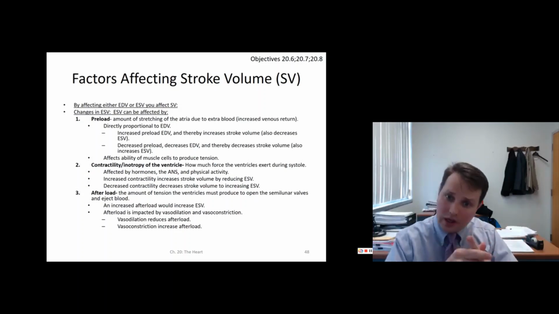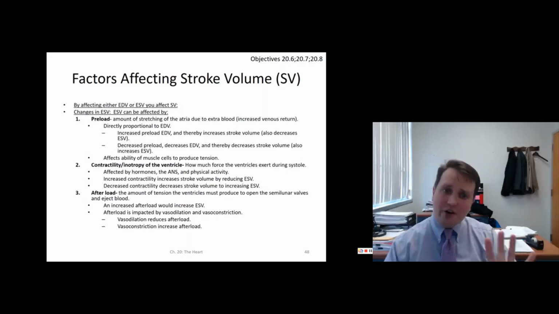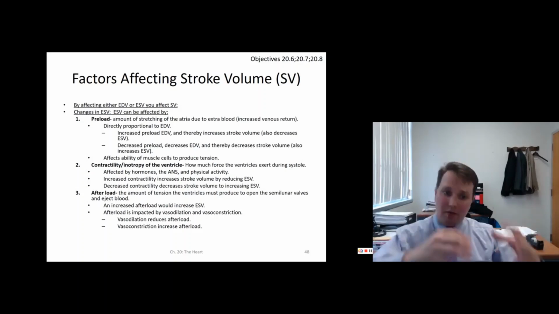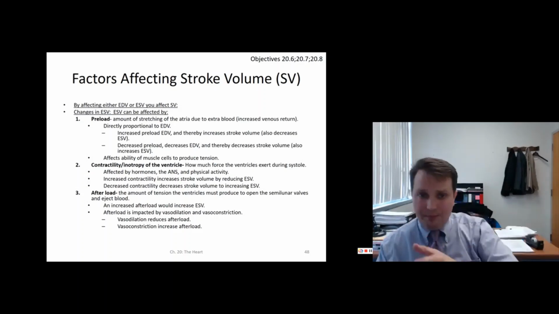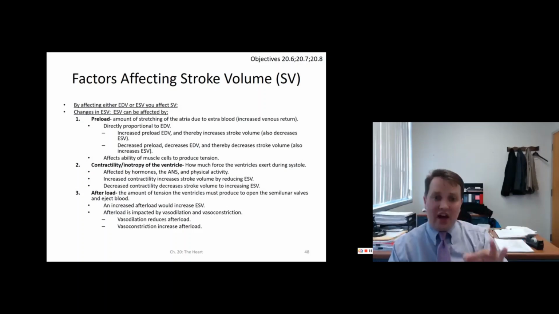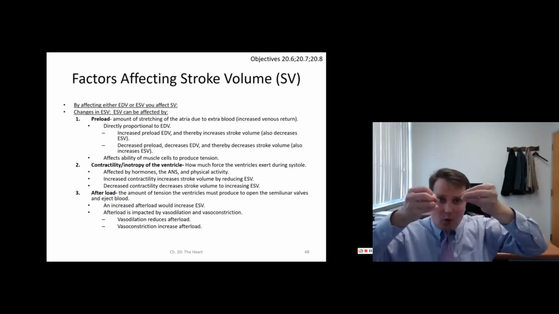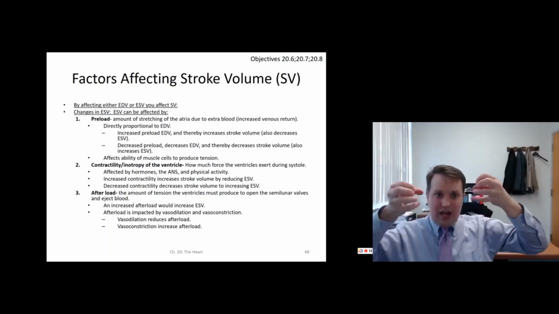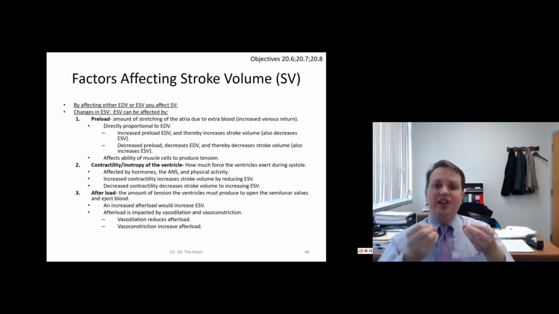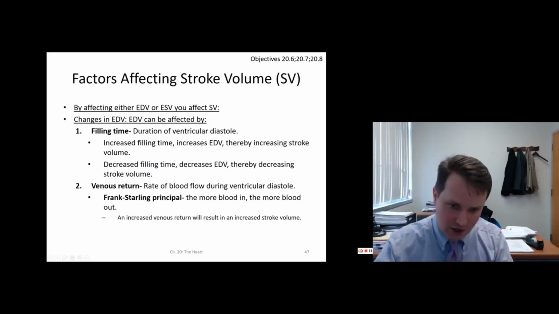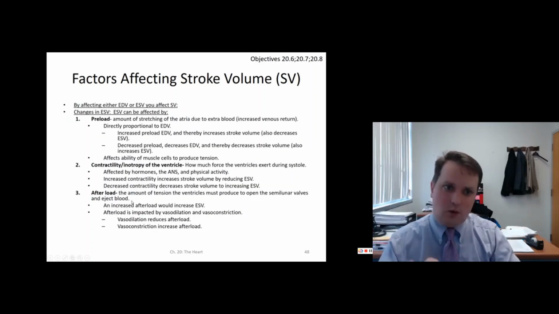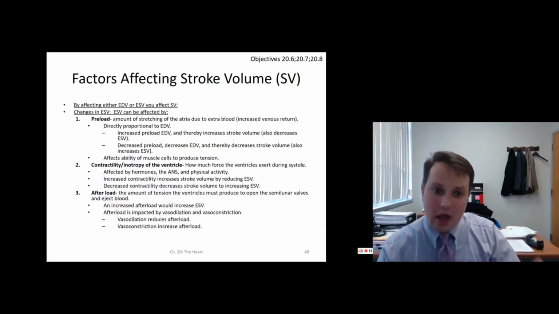What's preload? Now, increased venous return, remember, more blood in, has the effect that it makes the atrial wall stretch outwards. So that's called preload, the stretching of the atria caused by increased venous return. So venous return, as part of the Frank-Starling Principle, causes the preload.